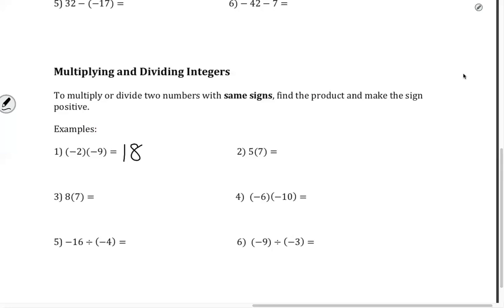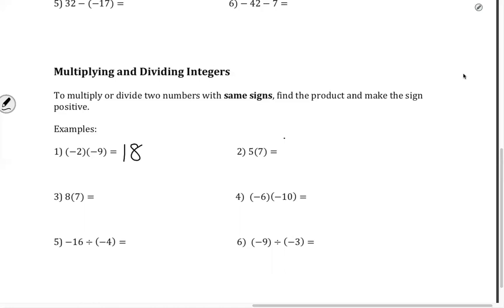Maya? What was that? 12. Well, we're multiplying here. You'd be right if we were adding. So it's 5 times 7. 35. 35.